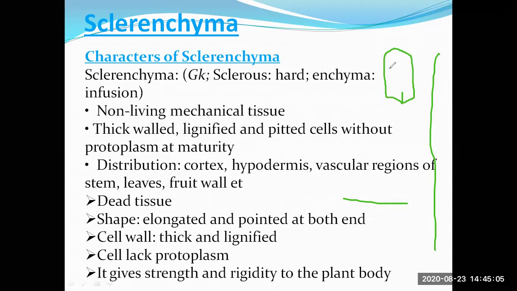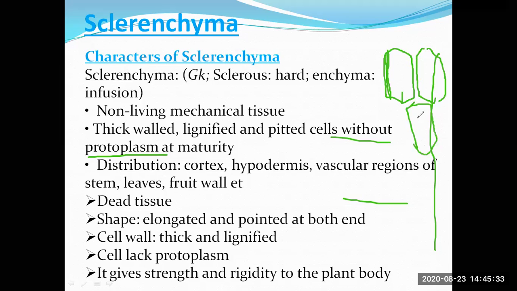So these are all dead, empty cells. The cell wall is thickened. Clear? And they possess pits. We'll see the types of pits and the role of pits in the coming slides. There are some gaps here, pits.